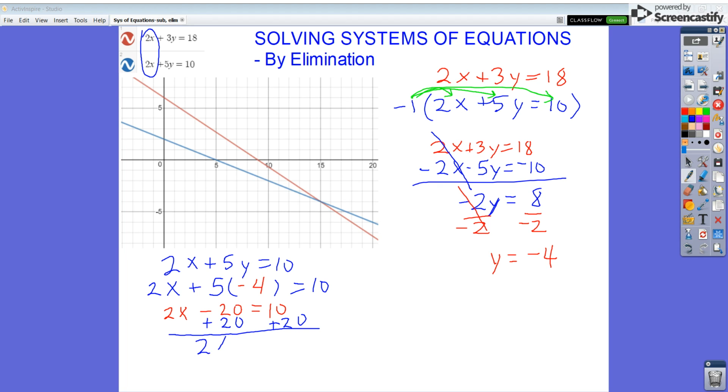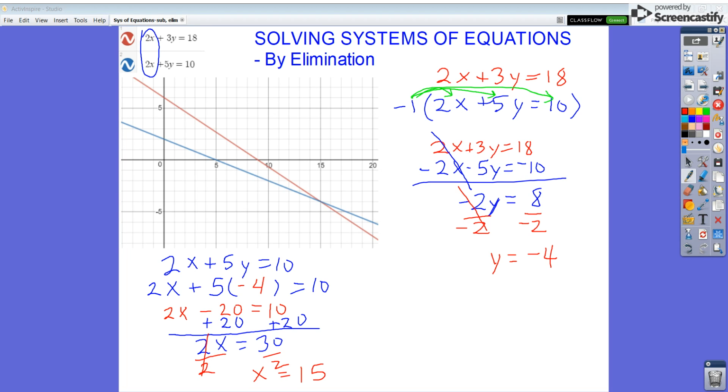And I get 2x equals 30. And then divide by 5, or 2, sorry. These cancel. And x equals 15.